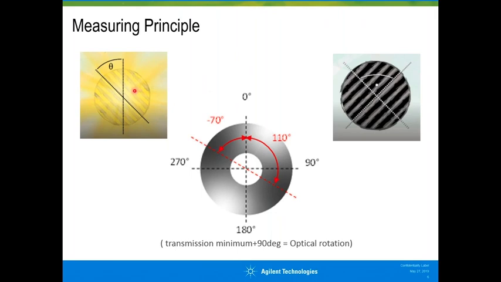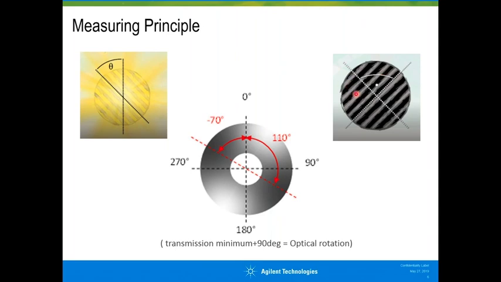This will give us a polarization angle, which can be compared to the earlier angle, and this difference will give us the optical rotation. But this is not a precise way to calculate, because it is difficult to compare less light and more light. It is easier to compare where there is no light and minimum light.